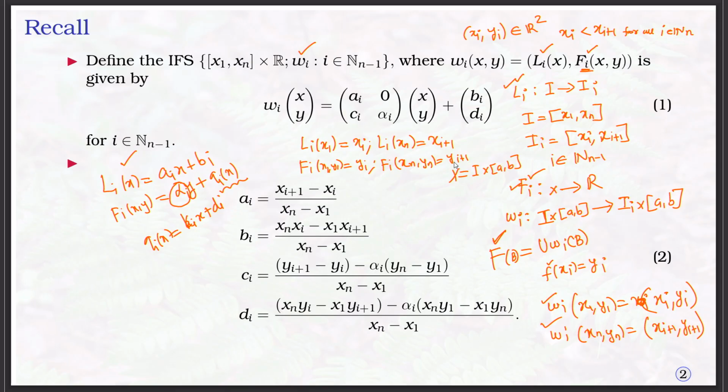Here qi influences the function Fi, not Li.